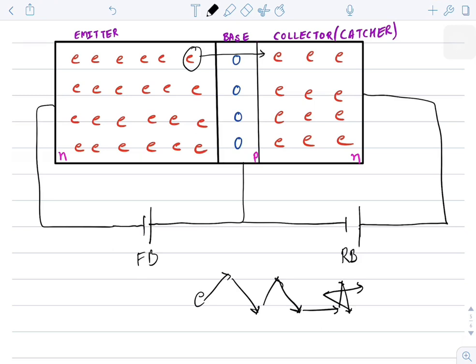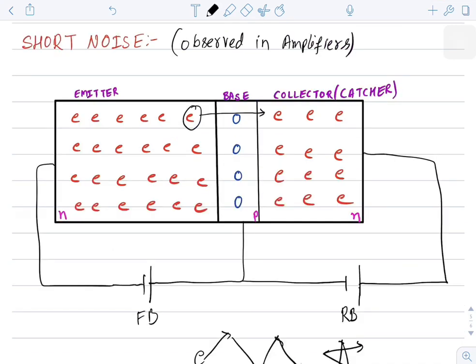Instead, the electrons are randomly collected at the collector end, and this effect is called shot effect. If the electrons are randomly collected, definitely the current which is produced due to that random nature of electron movement will give you a current fluctuation, and this current corresponds to a voltage fluctuation, and this fluctuation in voltage will lead to a noise, and that noise is called shot noise.